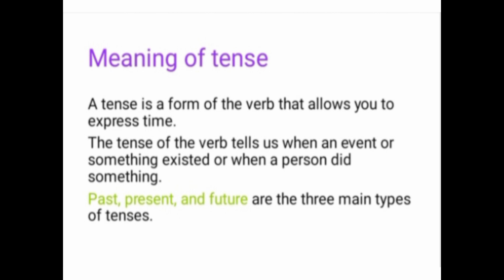Okay, when an event will happen, what existed, and when a person did something. In simple words, you should remember, tense is going to tell the time of an action. That's it. As we have told you, there are three main types of tense: present tense, past tense, and future tense.